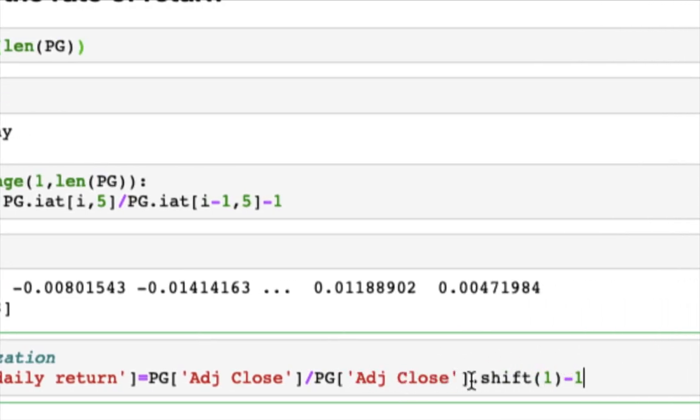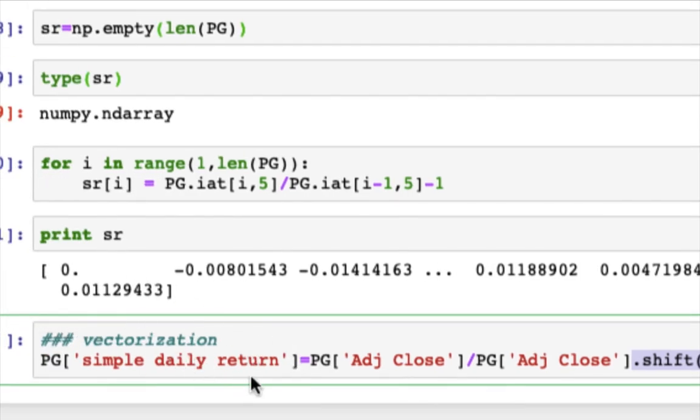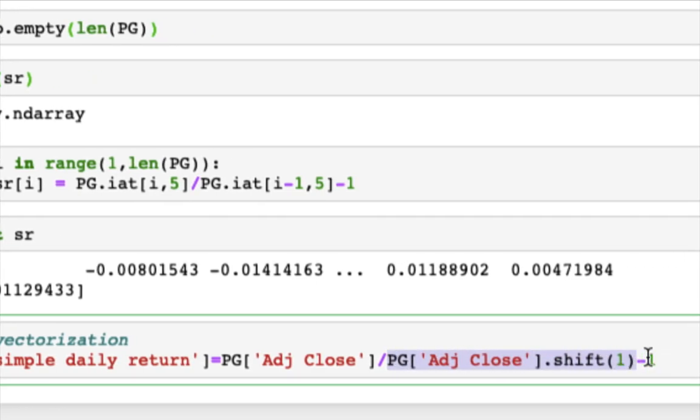This is a powerful method which can be applied to a data frame, shift 1, which means go back one step. Why is it called vectorization? Because it does everything in a single instruction. I don't use any for loop. I take the entire column of adjusted close, I divide each element of the column by the element before, thanks to shift 1, and I subtract 1 from each element of the column.